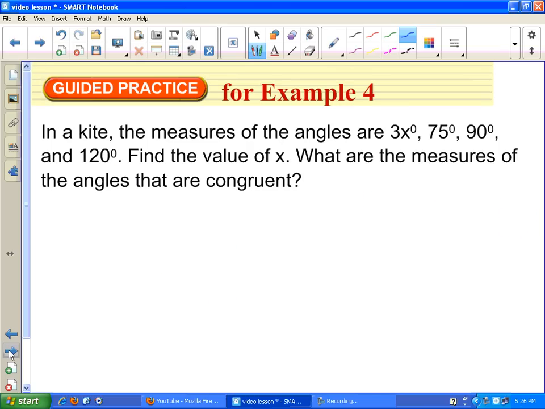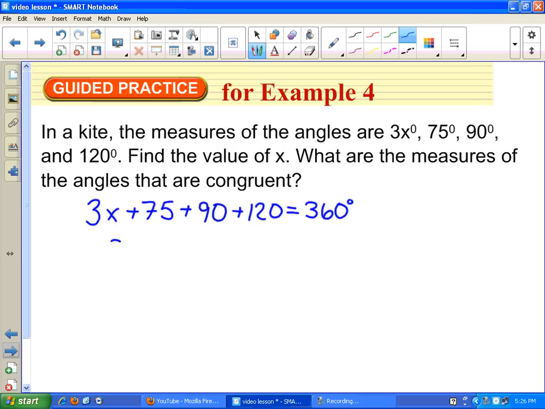So we've got another one of these. In a kite, the measures of the angles are 3x, 75, 90, 120. I don't have a drawing here. I don't need a drawing. I don't care what the drawing looks like. I just know that 3x plus 75 plus 90 plus 120 has to equal 360 degrees.